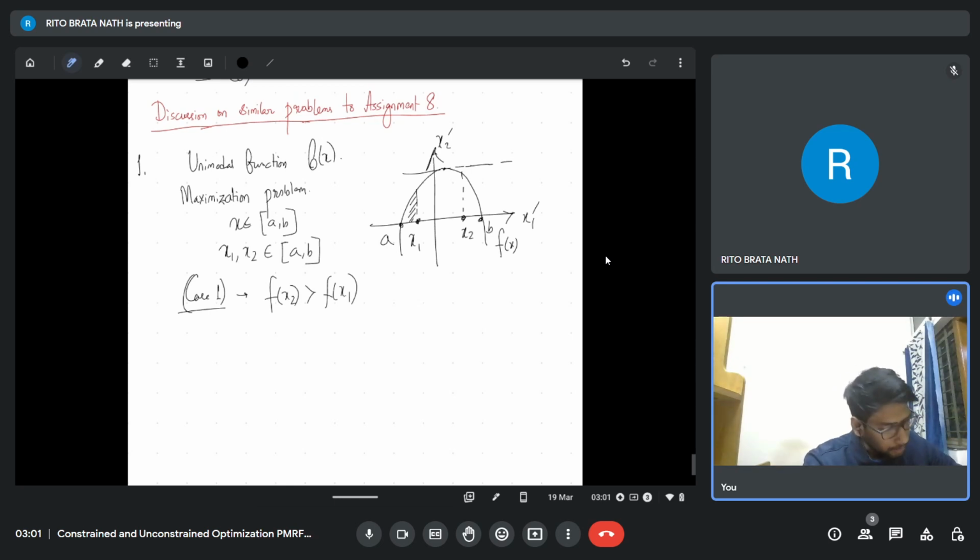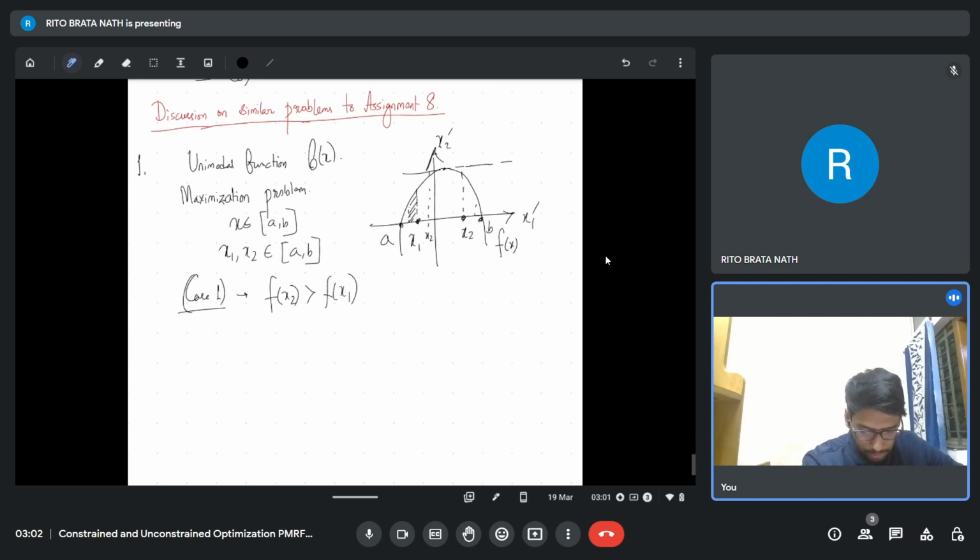It might happen that you are also in this portion, so x2 can be here also, because in that case also f(x2) is greater than f(x1), but you don't know for certain where it lies.